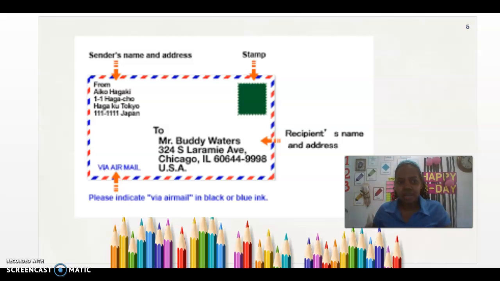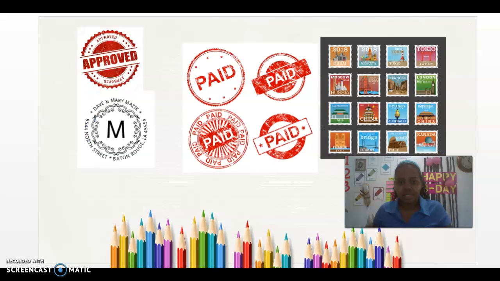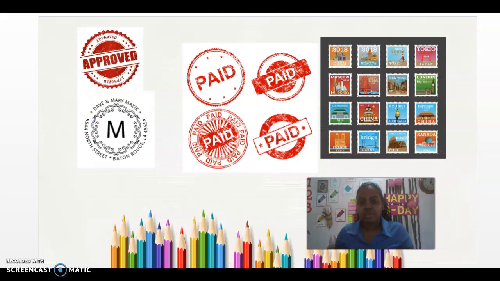And here I have some examples of stamps. Those are ideas, but you can create your own stamp. Pueden crear su propia estampilla. Those are just ideas. Estas solo son ideas. So you're going to draw your own stamp here. And that's everything you have to do.